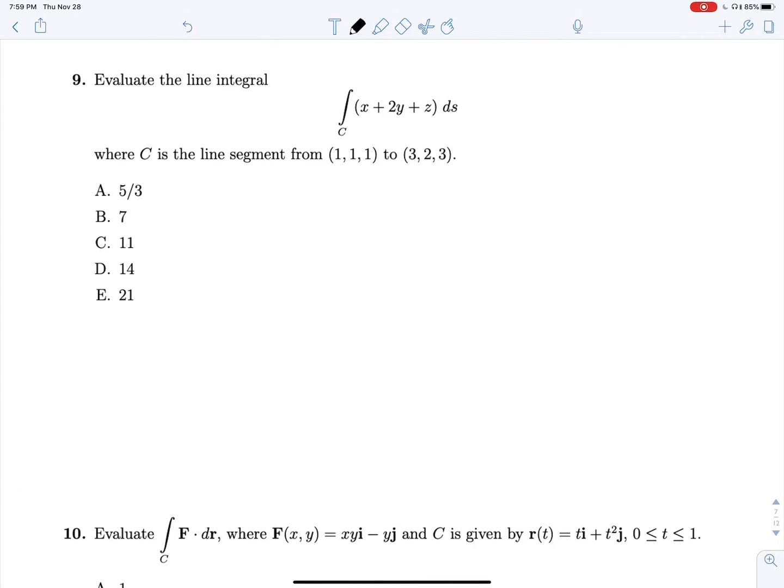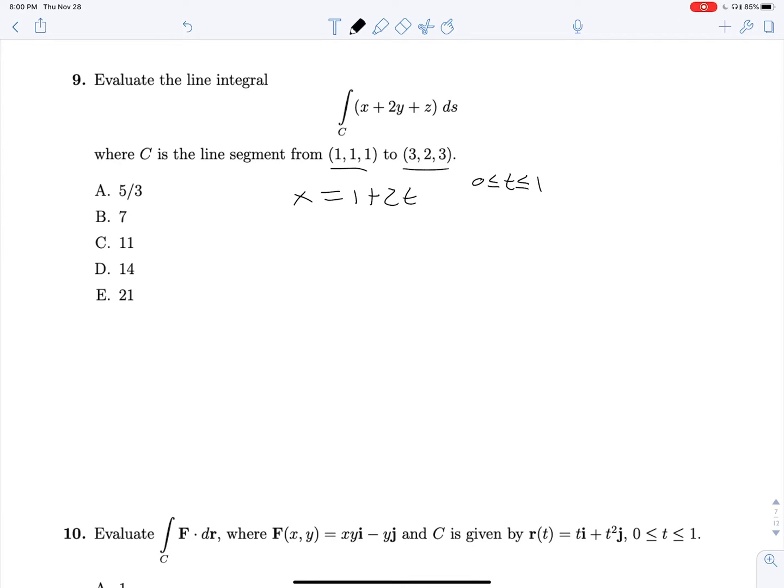Okay, here we have another line integral in the form ds. So we know that we're going to need a parametrization for this, and we are given a line segment to parametrize. So we see that x can be equal to 1 plus 2t, because we kind of always want to set it up so 0 is less than or equal to t, which is less than or equal to 1.